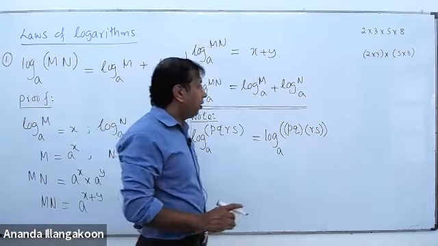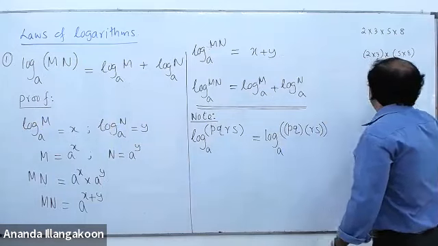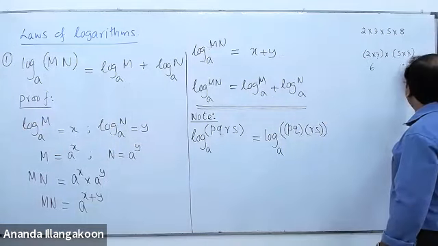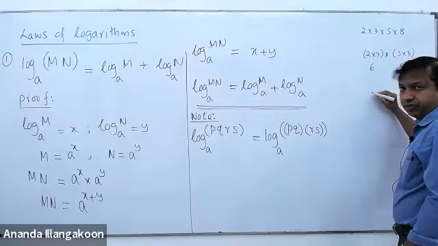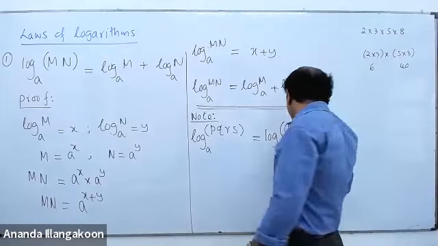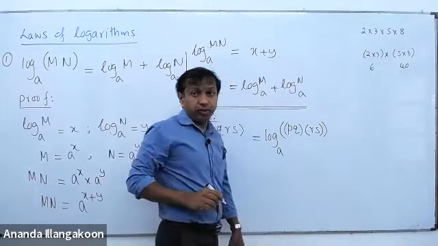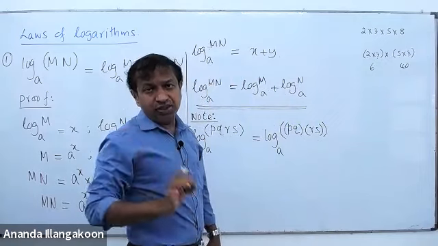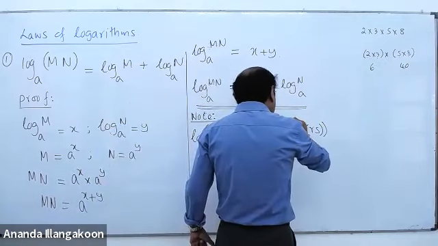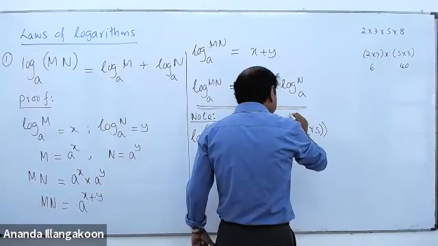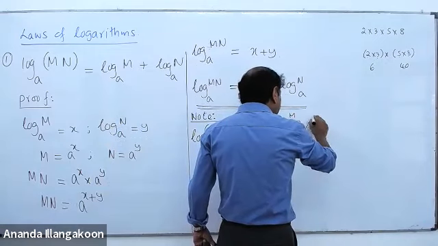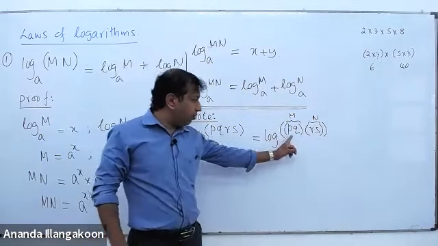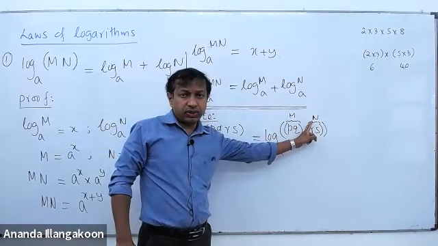Now, when we multiply this 2 and 3, we get a single number, no? It is 6. Here also 5 and 8, single number, it is 40. Like that, when you multiply this P and Q together, we should get a single number as its answer. I am going to just suppose that answer as capital M. Then you can see within the bracket we have M in product.